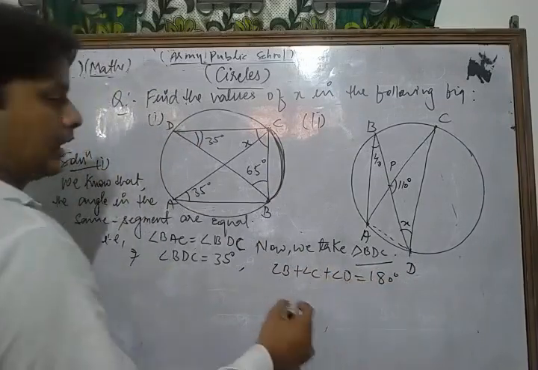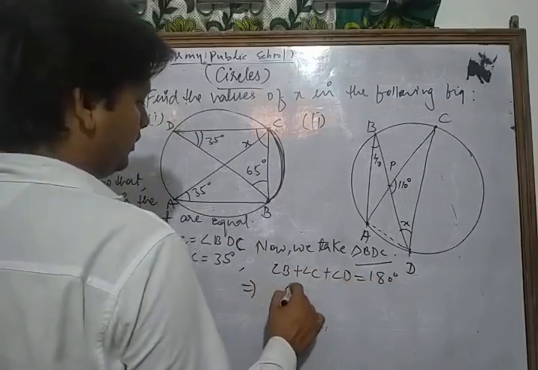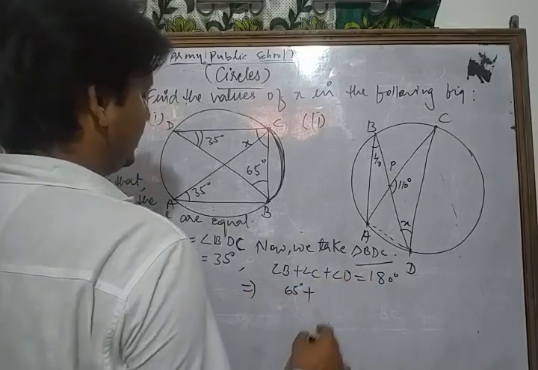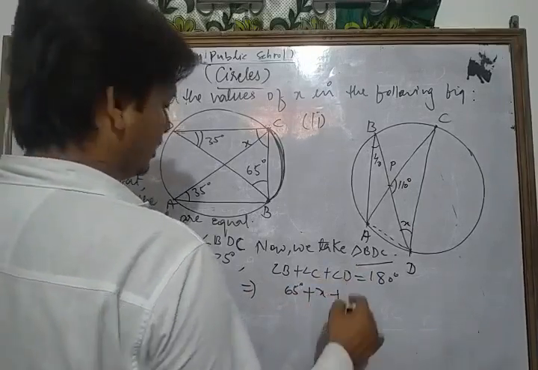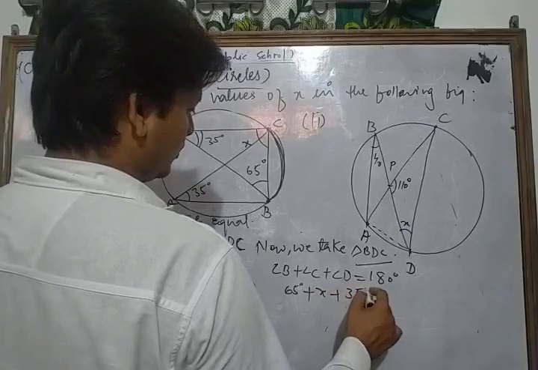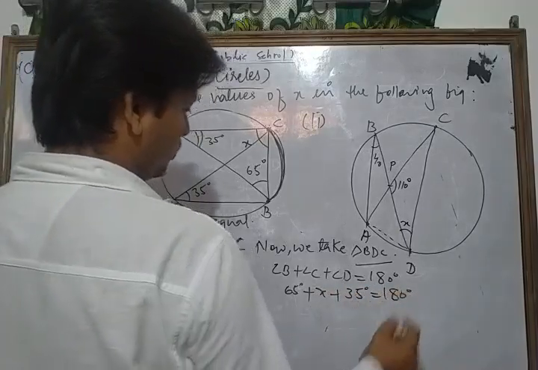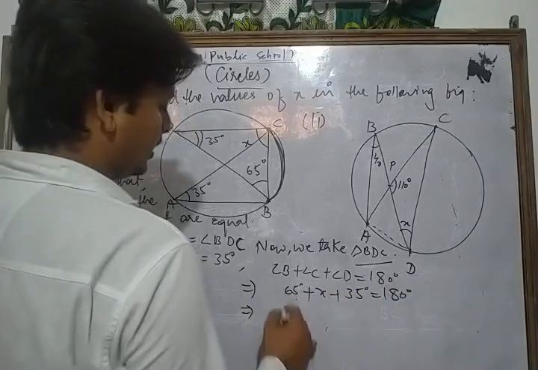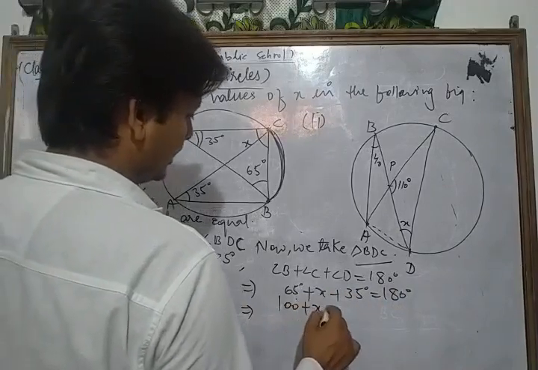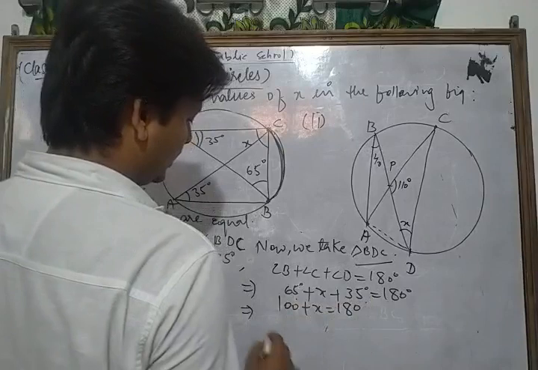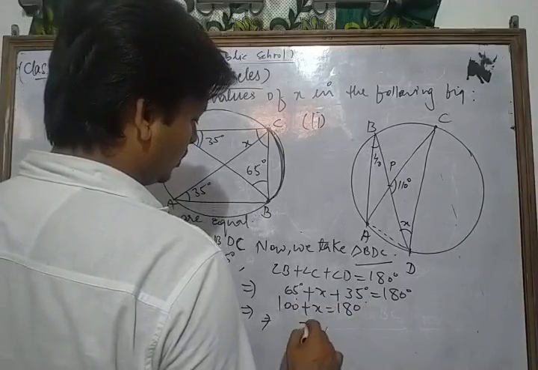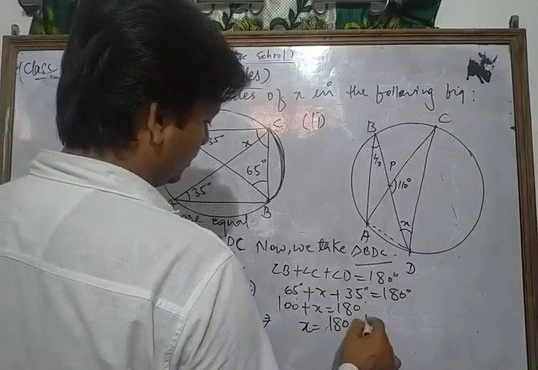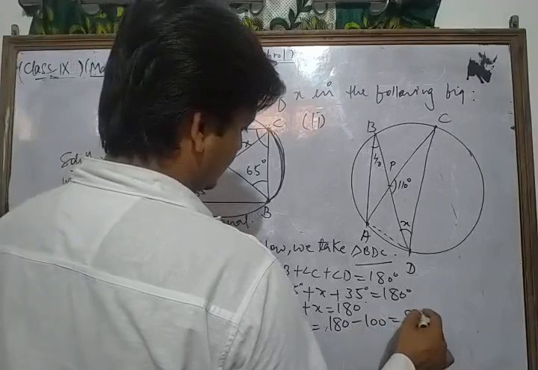We put all the values. Angle B is 65, angle C is x, which we find, and angle D is 35. So 65 plus 35 is 100. 100 plus x is equal to 180. So x is equal to 180 minus 100, that is 80 degrees.